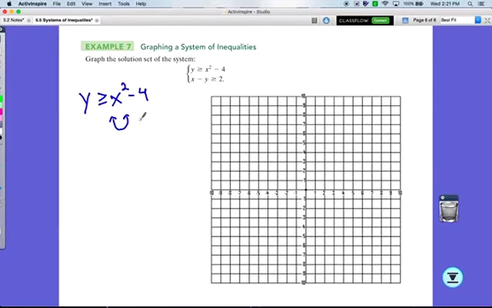The minus 4 means it's shifted down 4 from the origin. You have to remember stuff from earlier in the class. So negative 4, and then a parabola that opens up. Because it's "or equal to," it's going to be solid. There we go.